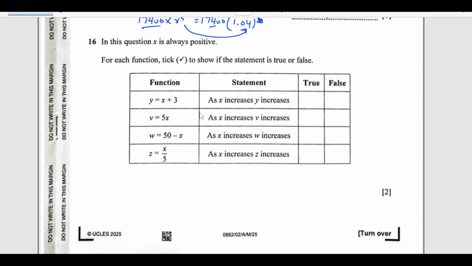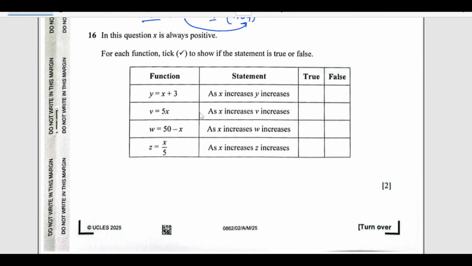Right? Now number 16, in this question, x is always positive. For each function, tick to show if the statement is true or false. As x is positive, let's say this is 2 plus 3x. So as x increases, y will also increase. So that is true because that is positive, it's going to increase.